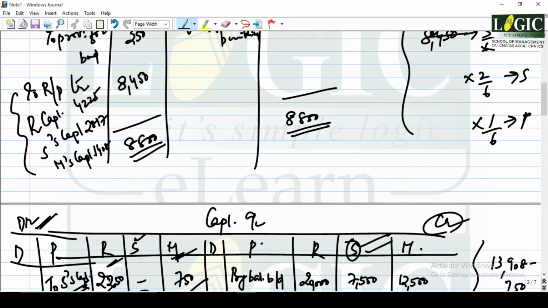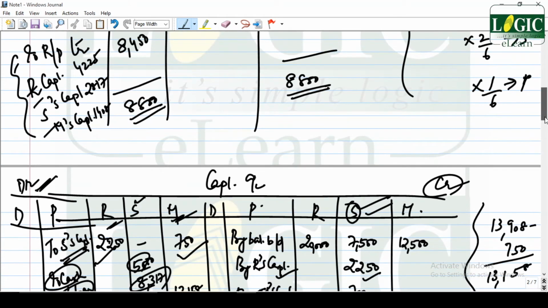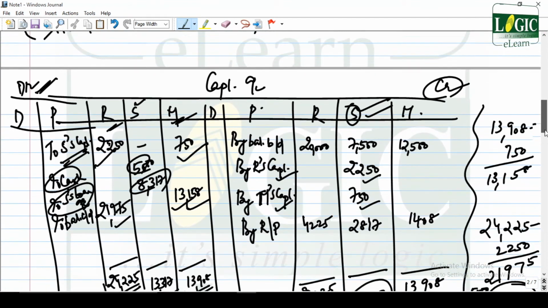Hence revaluation profit is to be distributed amongst three.